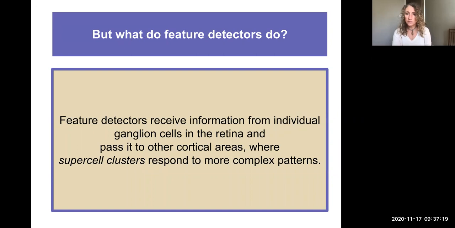They receive the information from the ganglion cells from the retina, and they pass it to other cortical areas, and we call them supercell clusters. So it's just a more detailed way to explain the complexity of what you're looking at. Even looking at this picture of the box, there's shape, form, color, and fine details.